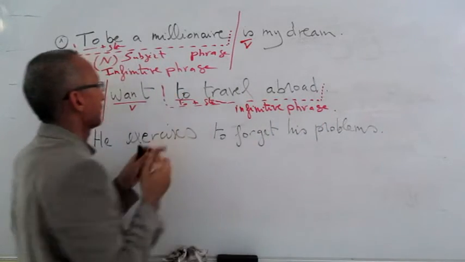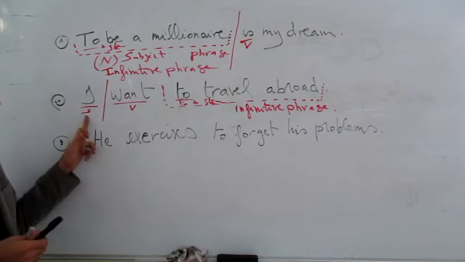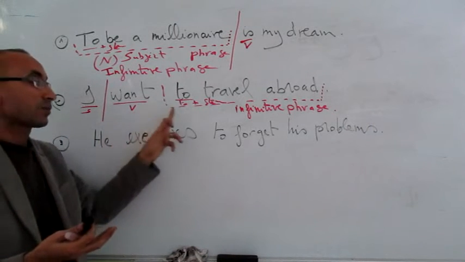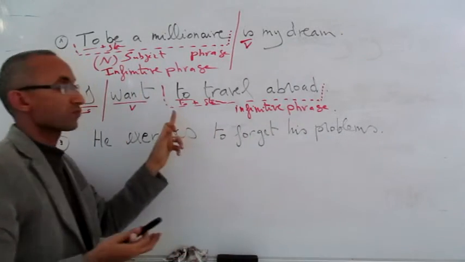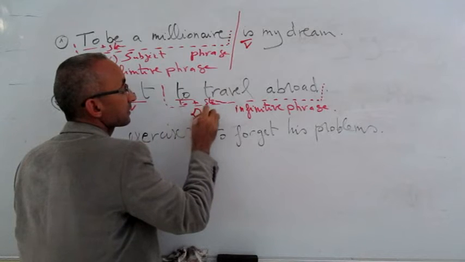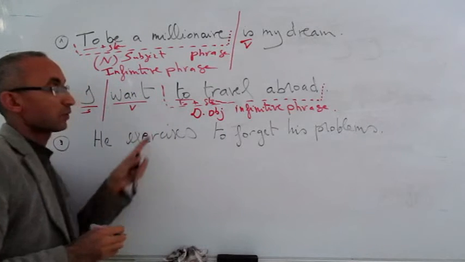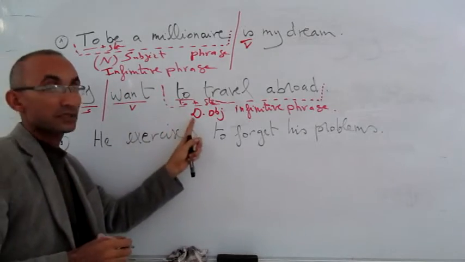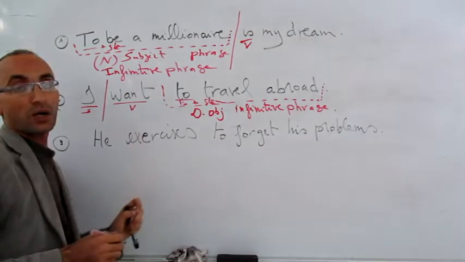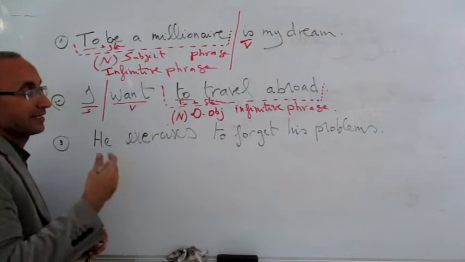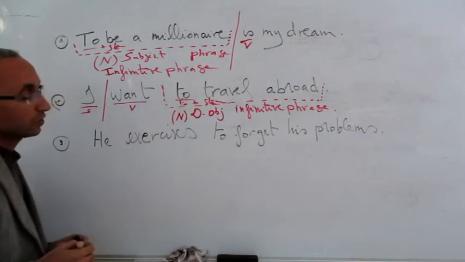Now let's see its function. I subject, want verb. I want what? So this phrase is the answer of "what", and the answer of "what" is a direct object. So this phrase acts as a direct object. It is considered a noun here. Good.